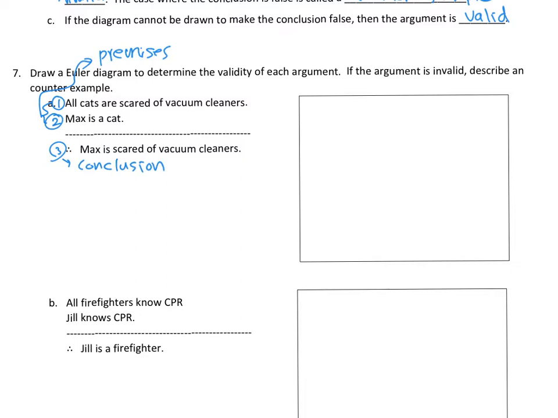It says all cats are scared of vacuum cleaners, so it's a universal quantifier. Cats are my X, and things scared of vacuum cleaners are my Y. So X is my cats, and scared of vacuum cleaner is Y.